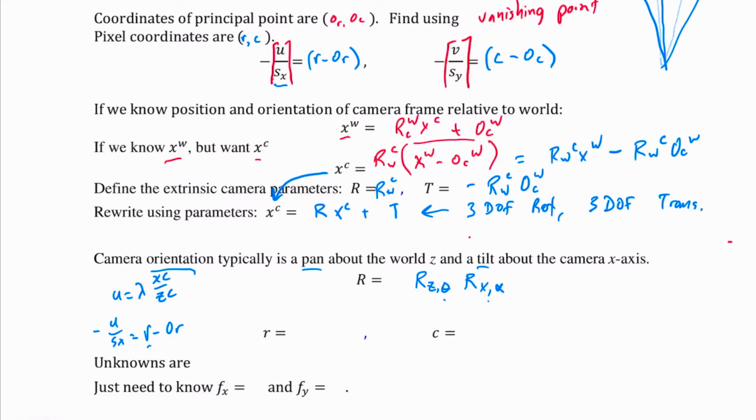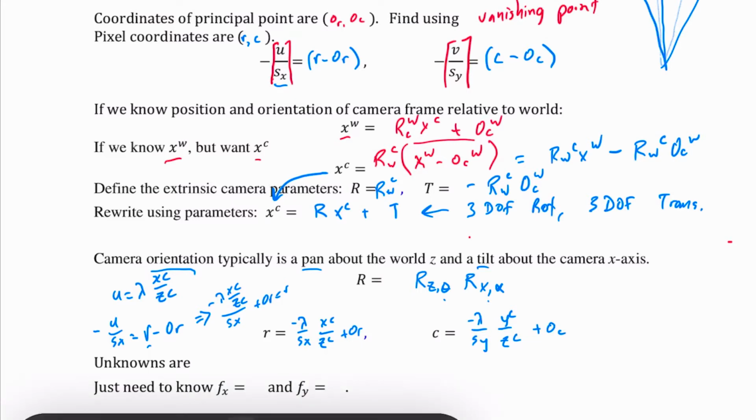And so lambda XC over ZC over SX plus OR is equal to R. So R is equal to negative lambda over SX times XC over ZC plus OR. And similarly, our C is going to be negative lambda over SY times YC over ZC plus OC.